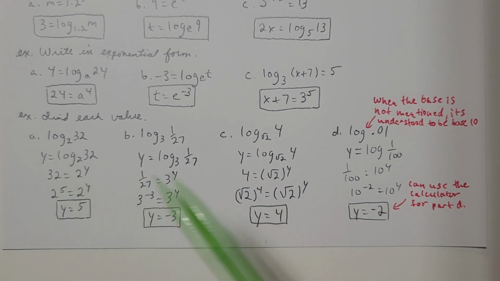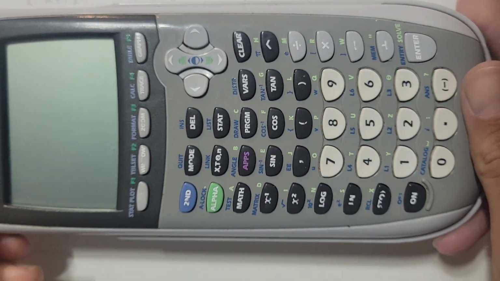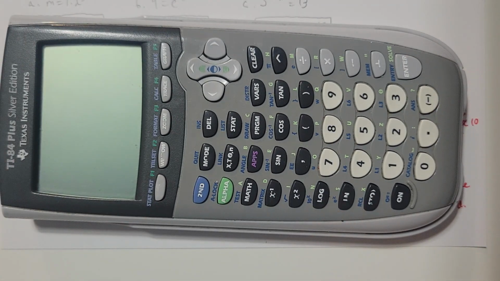In part A, what if I want to find the value of log base 2 of 32? I'll be honest, the first time I ever saw logarithms, I thought you need to use a calculator for everything. It turns out that you don't really need a calculator much for logarithms. Sometimes you do, but I have a log button and an ln button.